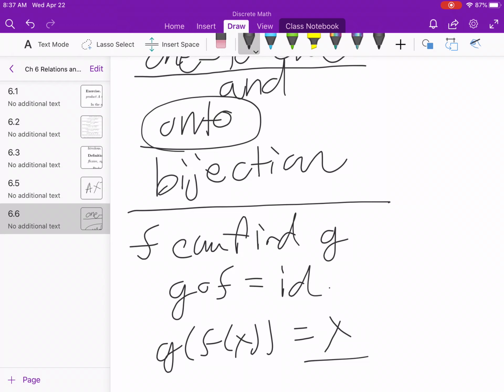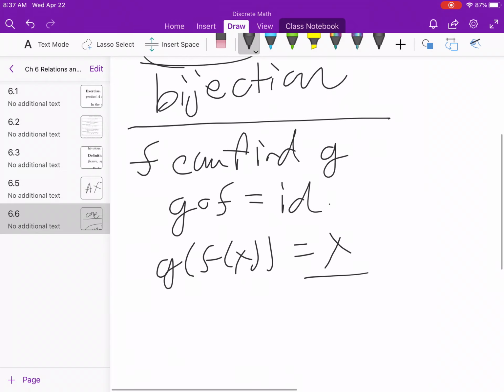Now something kind of nice is that if we have a bijection, like if it's truly a bijection, and we haven't had to do anything, we'll talk about what we do in 6.6, I can actually find both a left and a right inverse so that g of f of x is equal to f of g of x, so that g compose f is equal to f compose g.